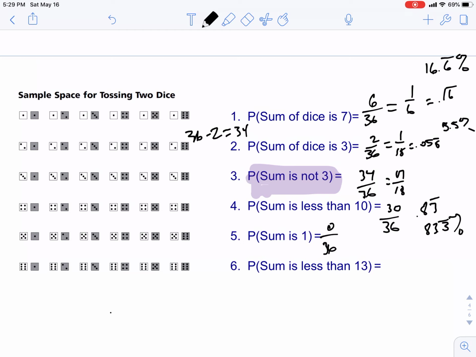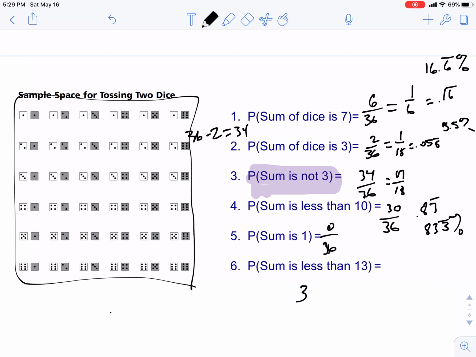All right, so what's the probability the sum is less than 13? No, the highest sum is 12, so all of those options are going to be less than 13. So you have a 36 out of 36 chance. When you divide it out, I'm going to again show you that it's 1, right?